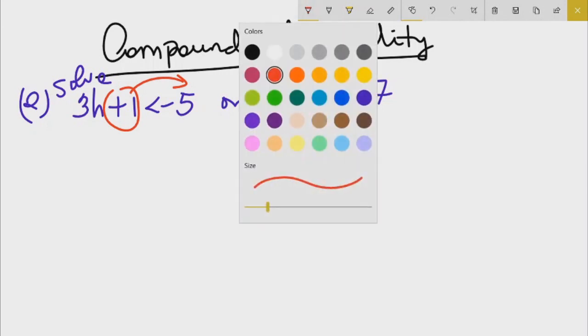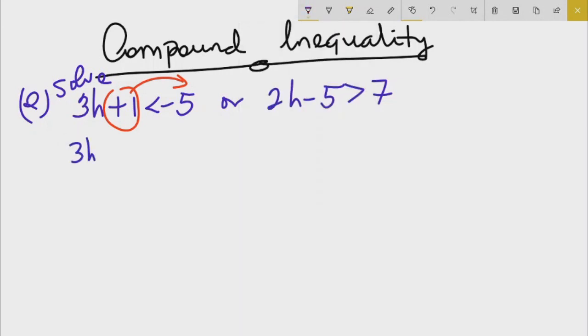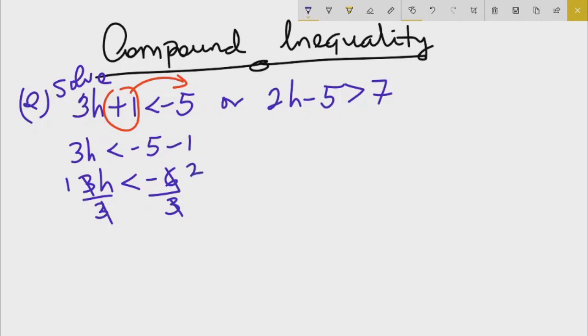This becomes 3h less than negative 5 minus 1. So 3h is less than negative 6. We now divide by 3 on both sides. 3 goes into negative 6 negative 2 times. So h less than negative 2.